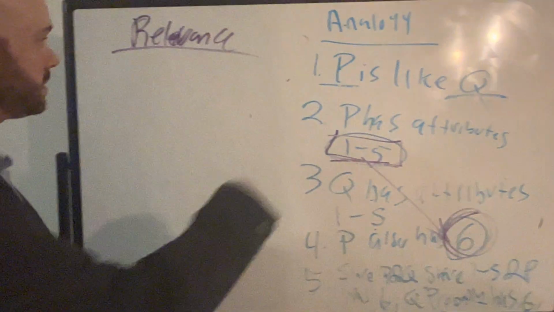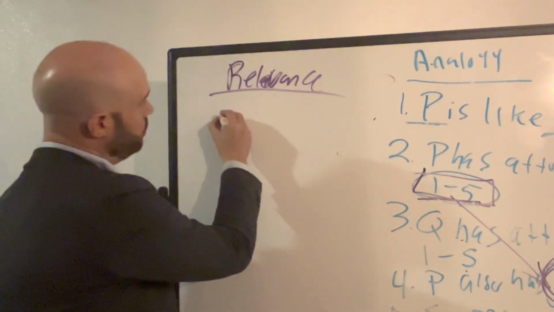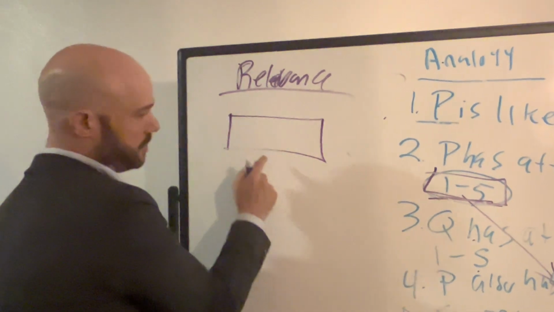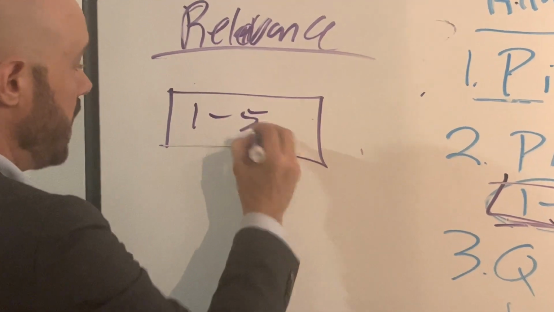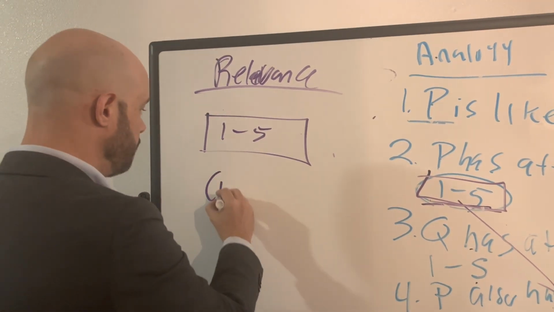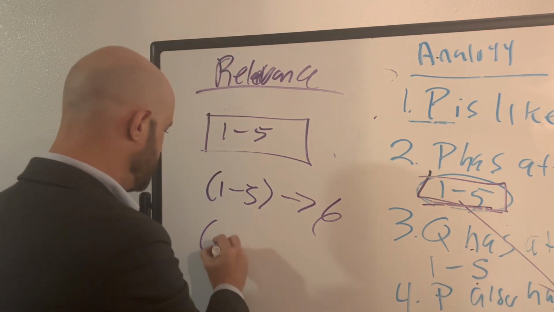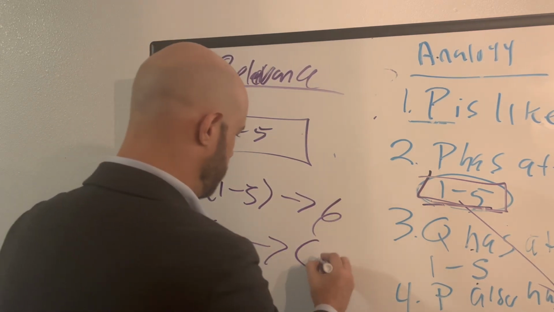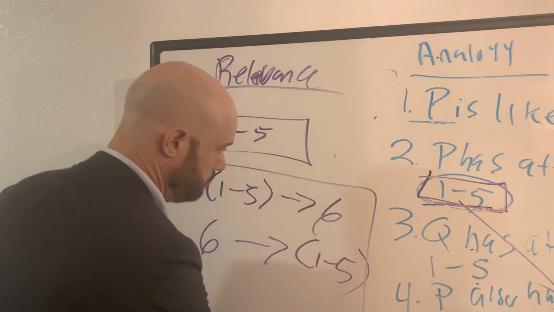Imagine this. First of all, one thing I wanted to mention before we go into that is the relationship between having 1 through 5 and having 6, or having 6 and having 1 through 5.